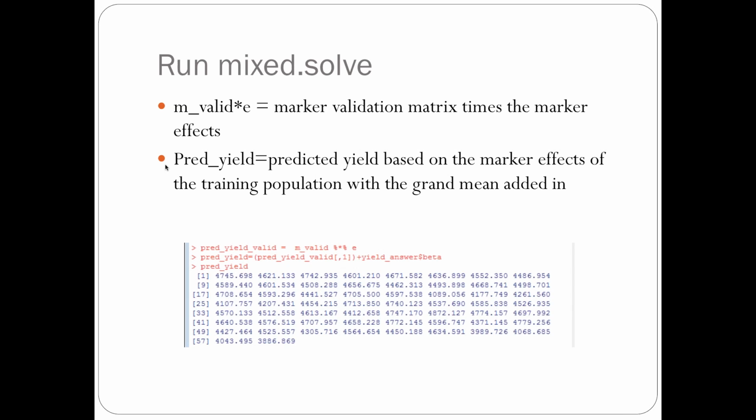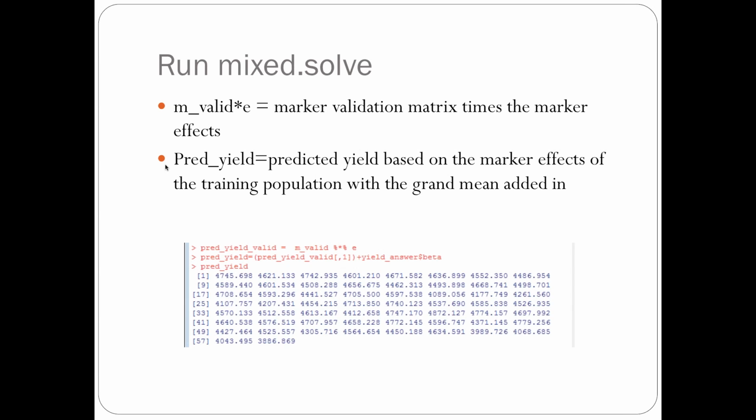So the predicted yield is based on the marker effects of the training population with the grand mean added in. And the grand mean is the $beta, which is output from the mix.solve command. So this is the predicted yield of the 58 individuals in our validation population.